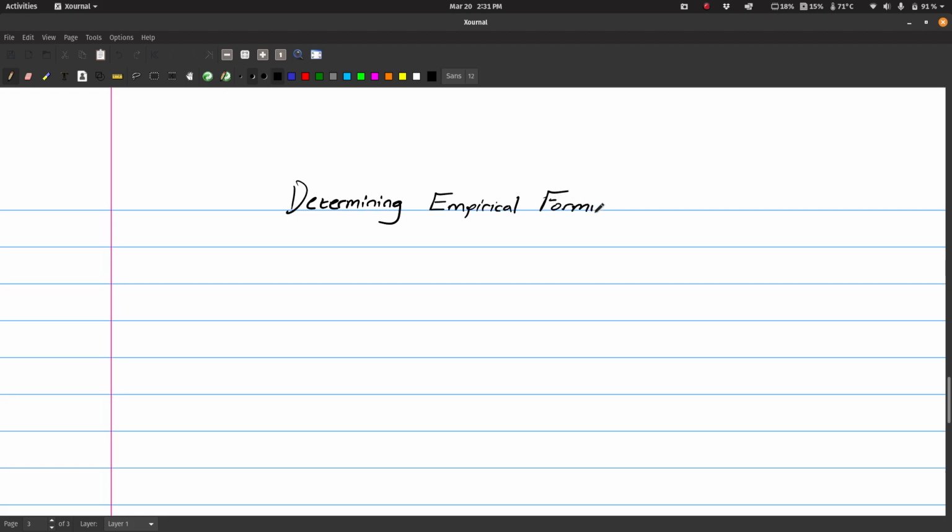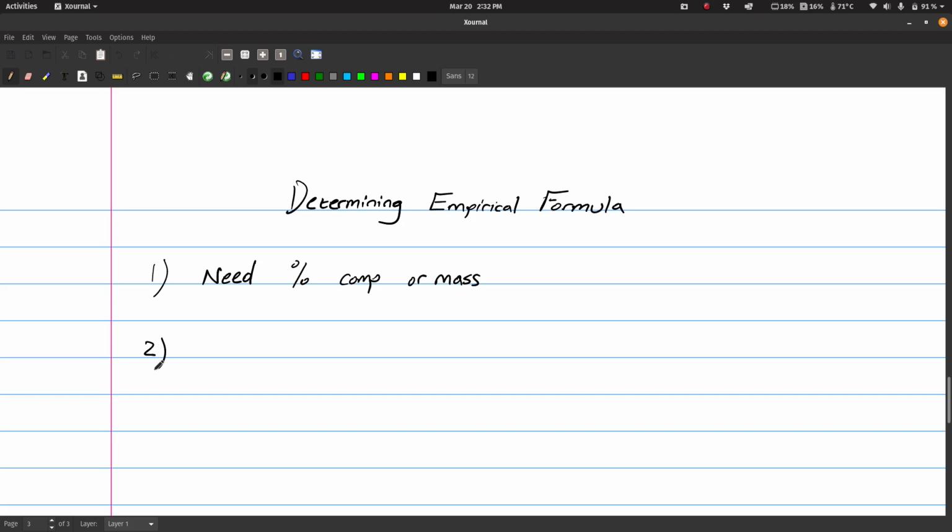determining the empirical formula. All right, so 1, you're going to need a percent composition or a mass. Usually that's going to be written into the problem. You're going to use that percent to determine the mass composition.